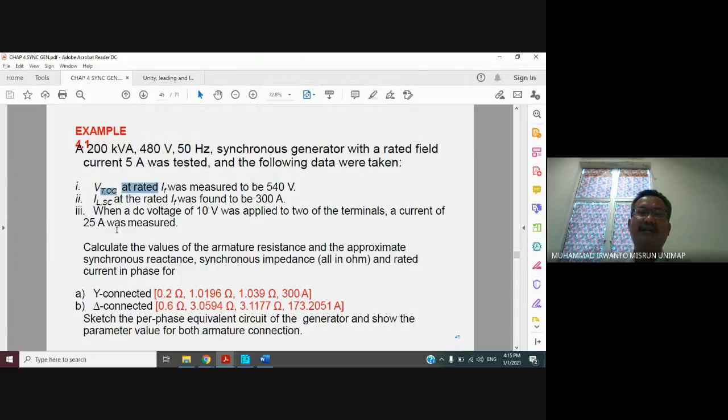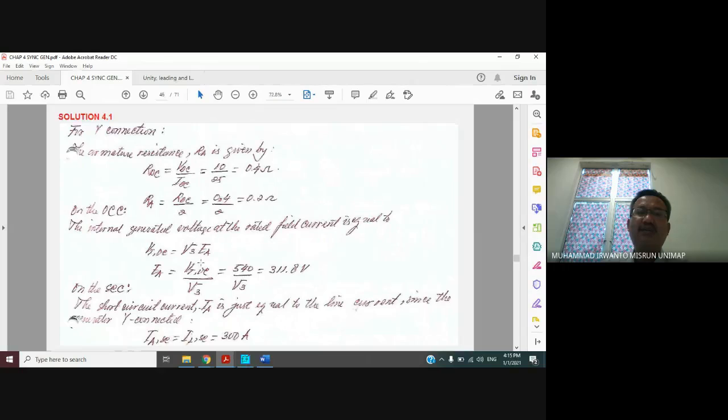If we measure line to line 540 and we want to find the value per phase, the phase voltage is equal to the terminal voltage for the line divided by square root of 3.